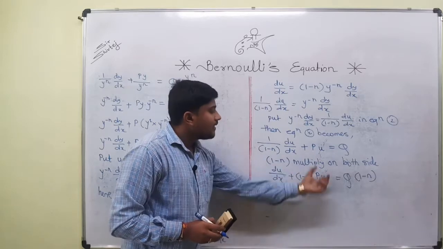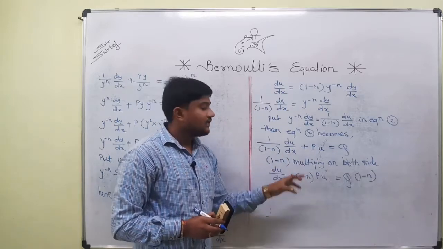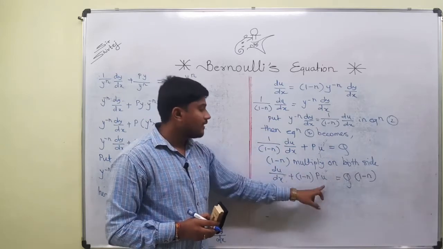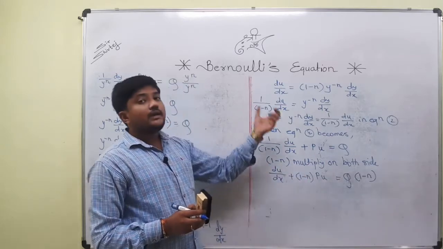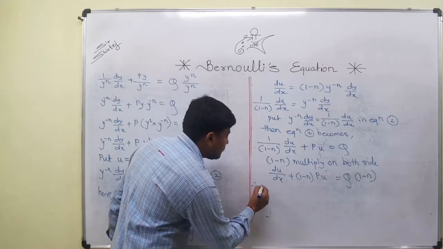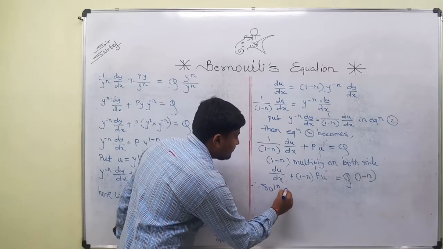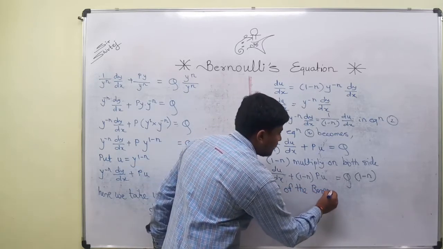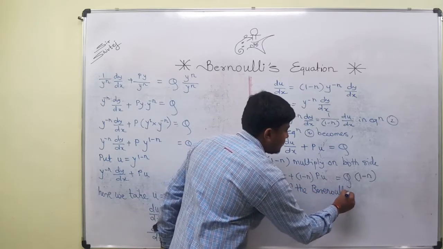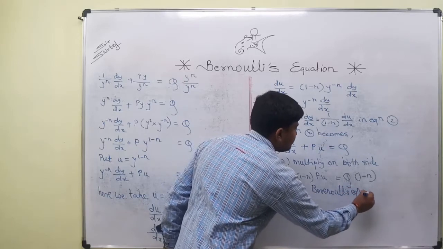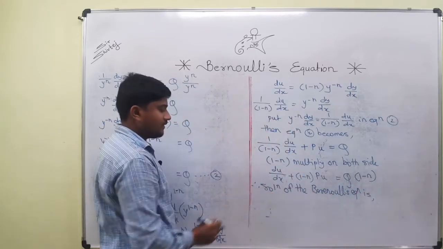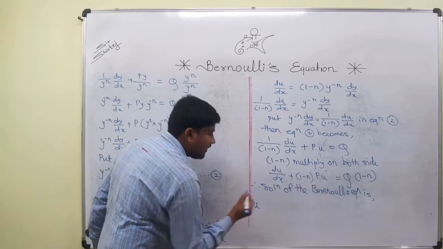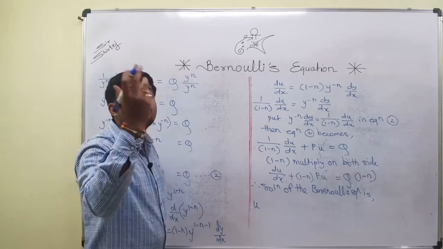It becomes a linear differential equation in the dependent variable u. Then it will have the solution. Therefore the solution of the Bernoulli's equation is, what is the solution of that equation? Firstly we take the dependent variable u, okay, exactly as the linear differential equation.